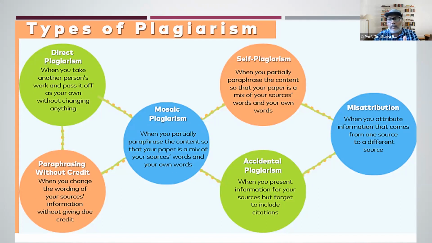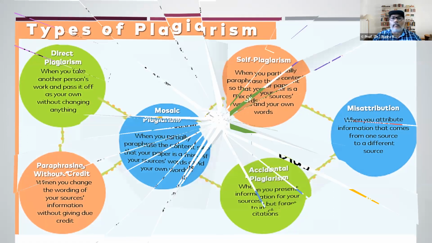You are citing this paper into another paper, the other paper's citation in the other paragraph. So both the options are incorrect, and you are creating confusion for your audience or your readers. Means you are attributing, you are citing, but misinterpreting, a kind of mismanagement behavior you have adopted in this misattribution. So these are the different types of plagiarism.